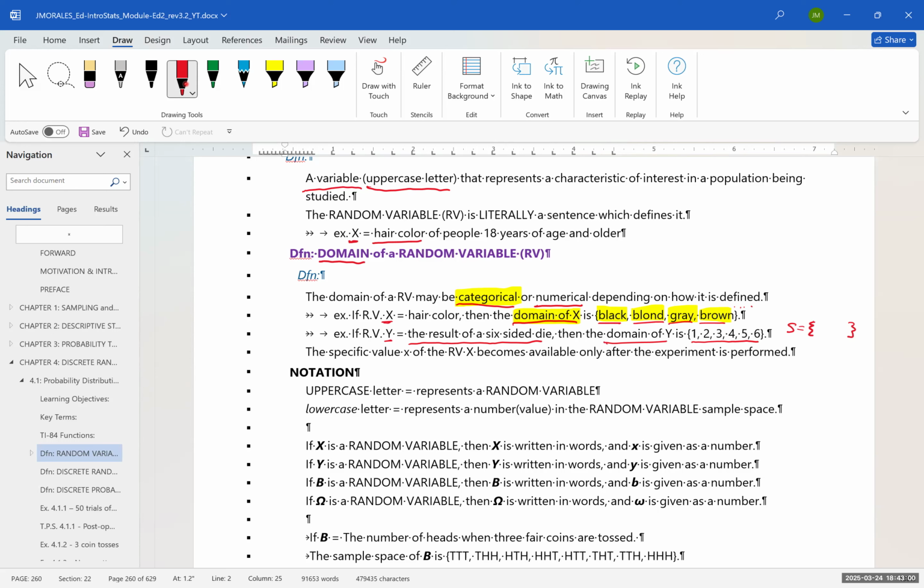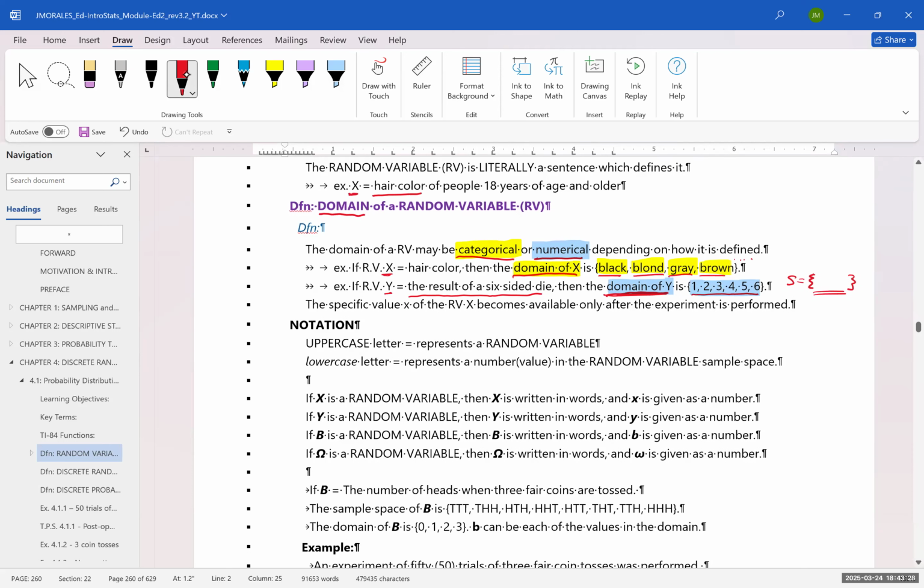So you might think of the domain of a random variable as being like the sample space that we talked about before. Now, this particular random variable has numerical components in its domain. So that would be an example of a numerical domain inside random variable Y.